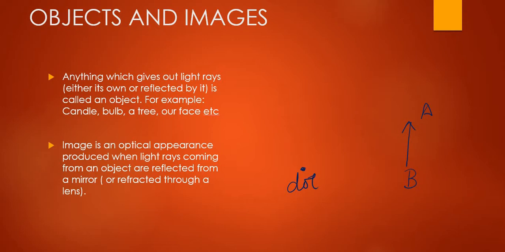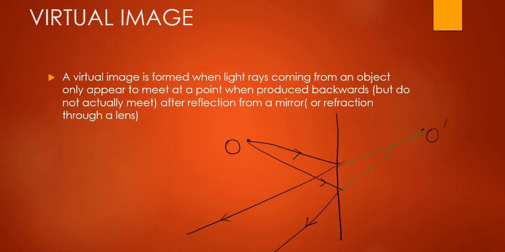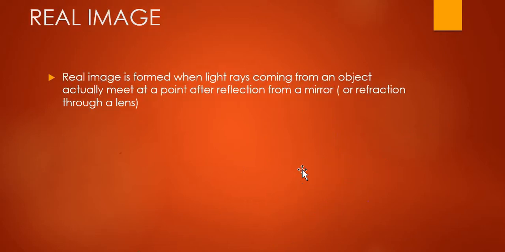Now images are of two types: virtual images and real images. So first of all, let us understand the meaning of real image. Real image is the image which is formed when light rays coming from an object actually meet at a point after reflection. For example, we have a tree and light from the sun is falling on it.